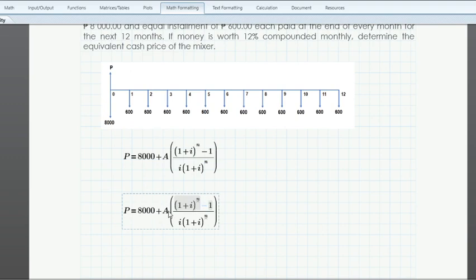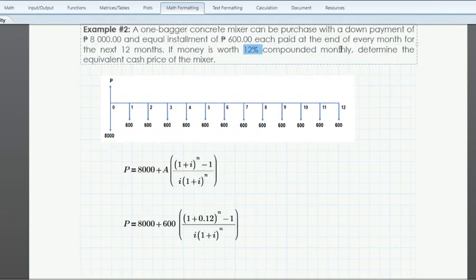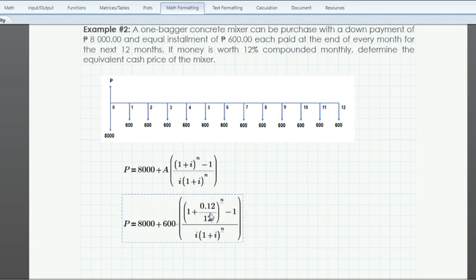So, palitan na natin to. Sabi natin kanina, 600 is your annuity. Then, ilan ang interest rate mo? You have 12%. Naka-decimal dapat, so you have 0.12. But, take note of this, you have compounded monthly. When we say compounded monthly, you are going to divide your interest rate by 12. Bakit?